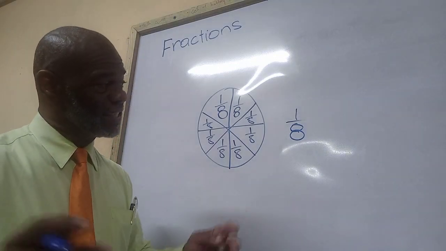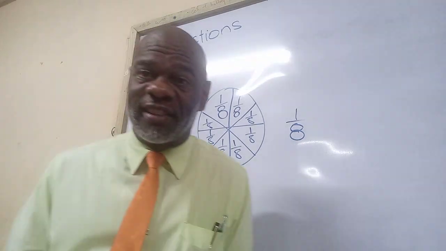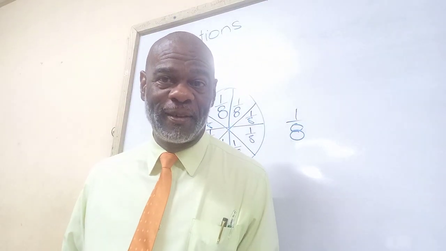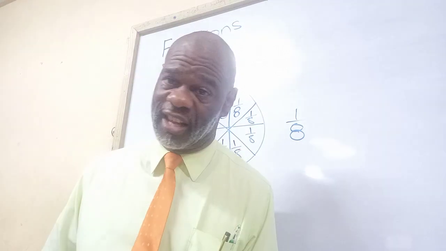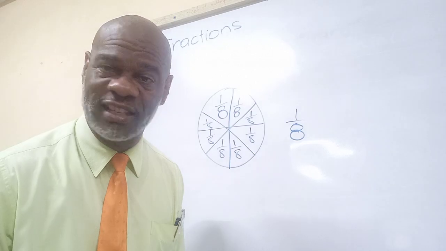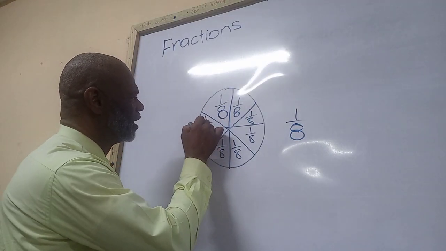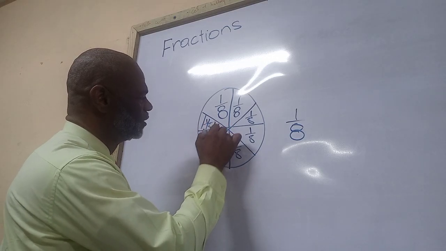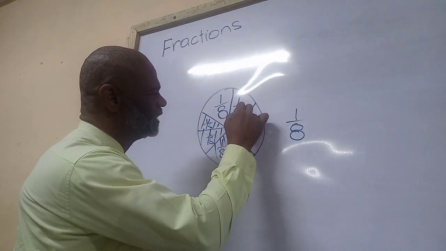Now, let's say we are having a pizza party, and some of our friends came late, and so we ate 6 slices of the pizza. So I'll take out 6 slices: 1, 2, 3, 4, 5, 6.